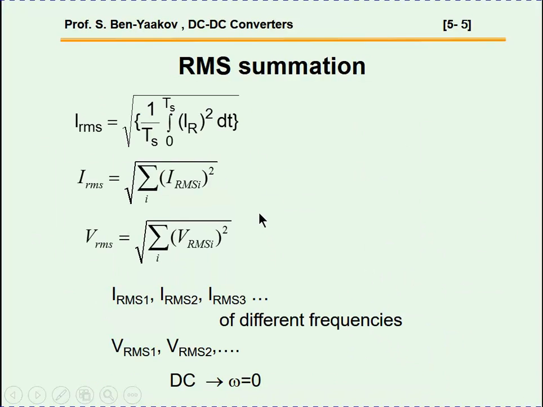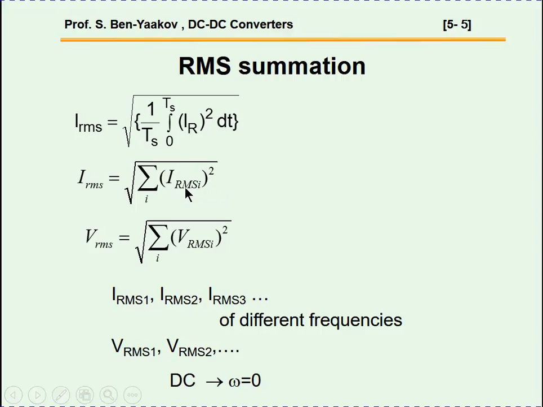Let me talk about some basic rules here. This is again the RMS. This is the summation of RMS currents of, very important, different frequencies. This is incorrect, or may be incorrect, if the frequencies are the same.